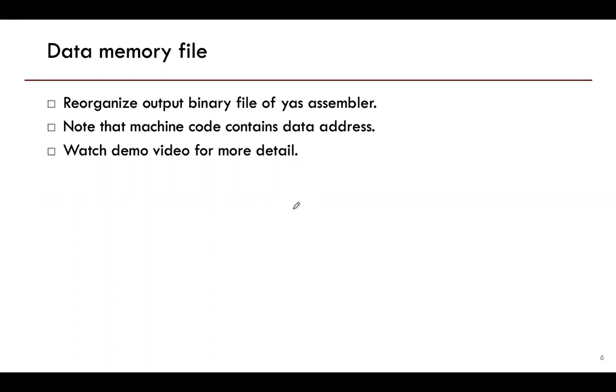This output binary contains both machine code and data. When you write test assembly code for the data memory stage, you probably write the data information, which address, which value, using the .long directive. Then you can generate two memory files, one for instruction memory with only machine code, and the other for data.